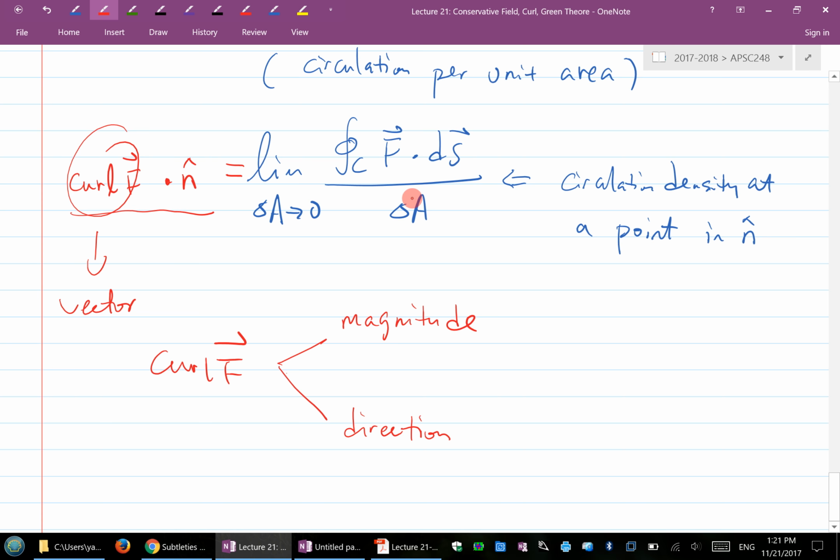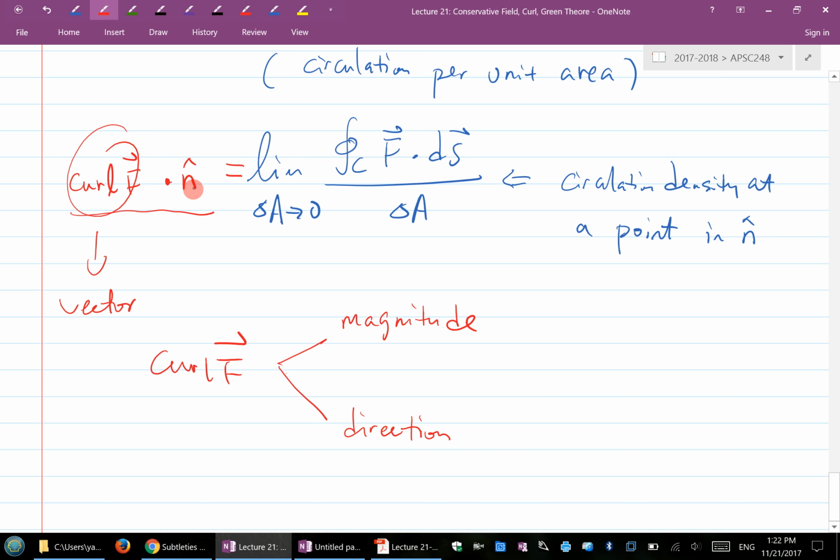When you use a vector dot n hat, under what condition will you have the maximum value? Under what condition is this dot product the maximum? They're parallel, or they are in the same direction, right?